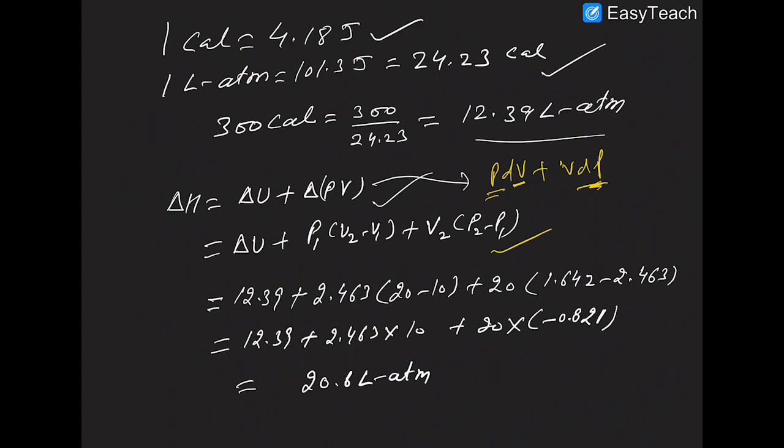So just put in the values as given in your question. P1 is 2.463, V2 is 20, V1 is 10, while P2 is 1.642 and P1 is 2.463. Just put all these values here and solve it. After solving, the value of delta H comes out to be 20.6 liter atmosphere.